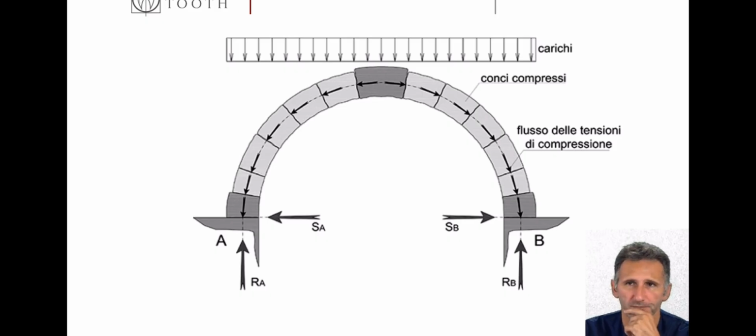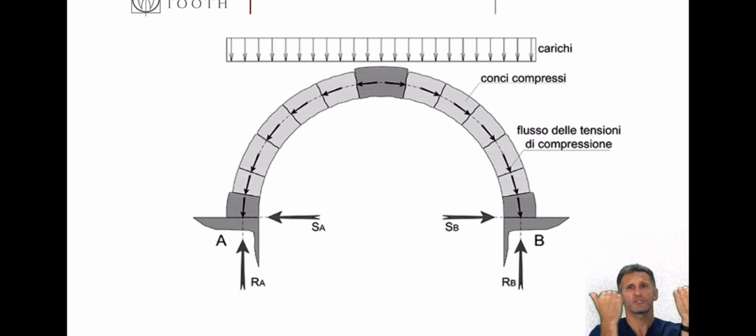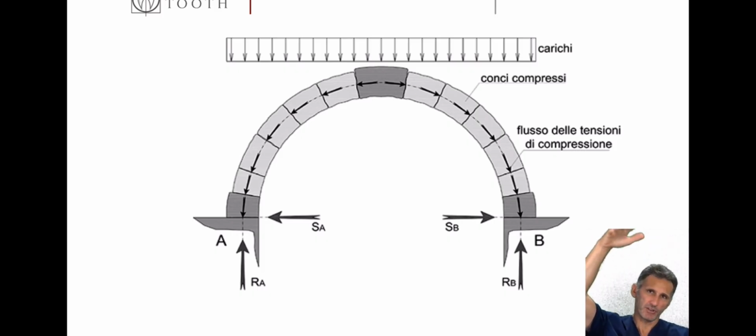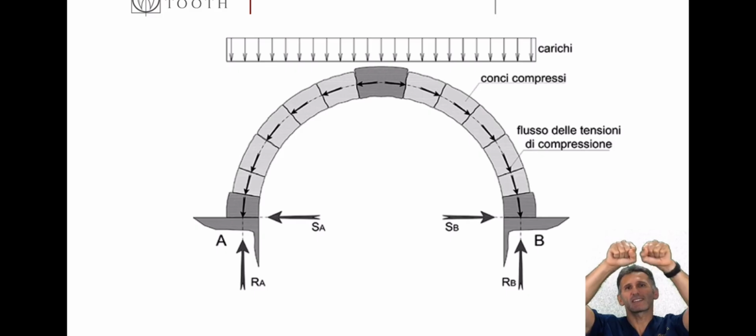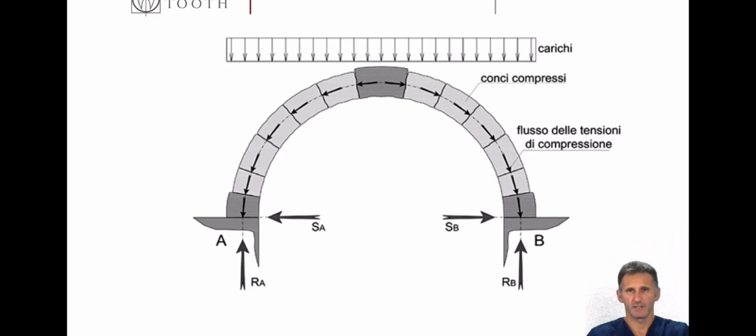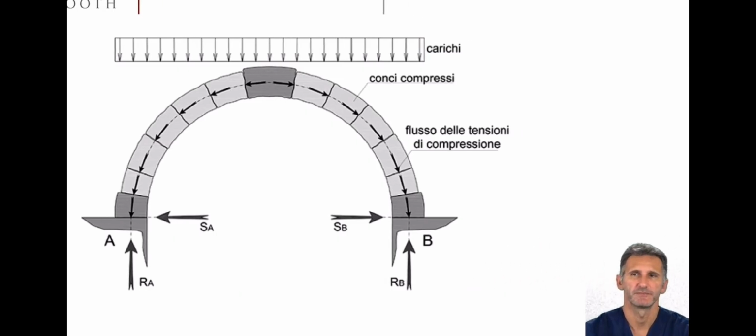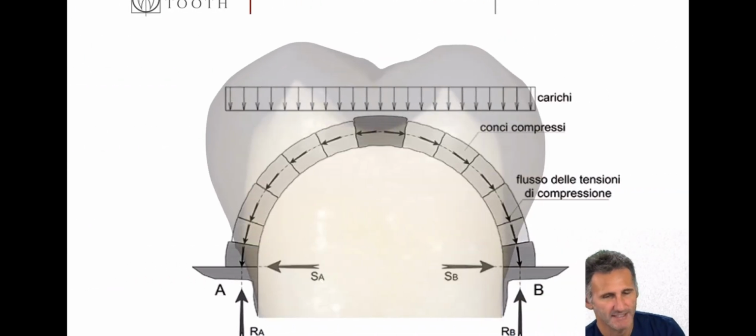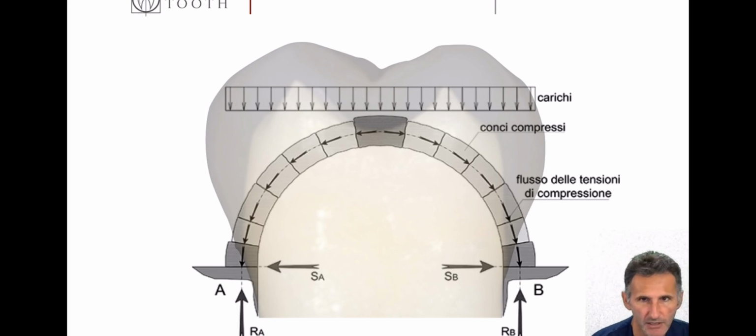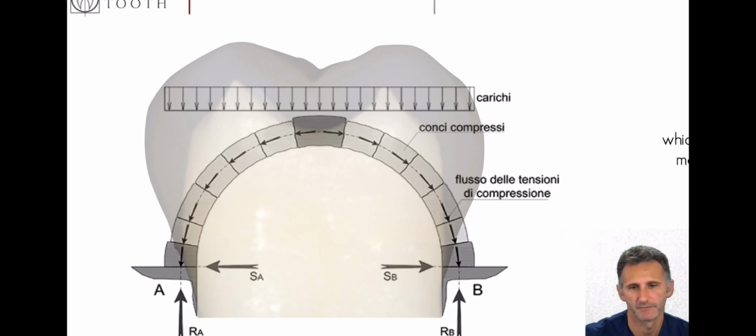You see? You have two horizontal vectors. So when you have a vaulted arch and you apply a pressure on the top, there is not just the vertical force, but you also have a pressure in this direction. And this is very interesting because we can make a lot of analogies between the vaulted arch and the tooth.